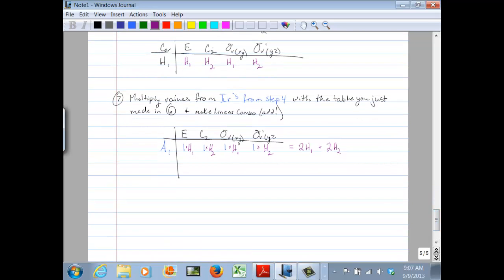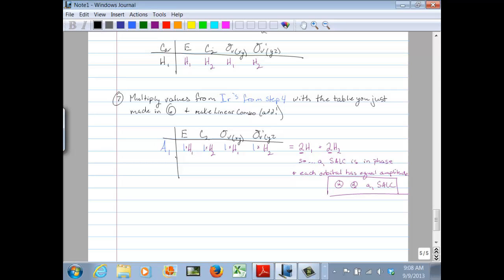You have an A1 SALC, both of the hydrogens are in phase, and each orbital has equal amplitude, and you can tell that because they have the same number out front. So your A1 SALC is in phase, and each orbital has equal amplitude. So I have H1 and H2. This is my A1 SALC.